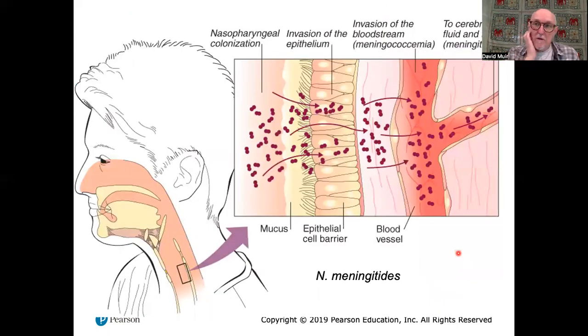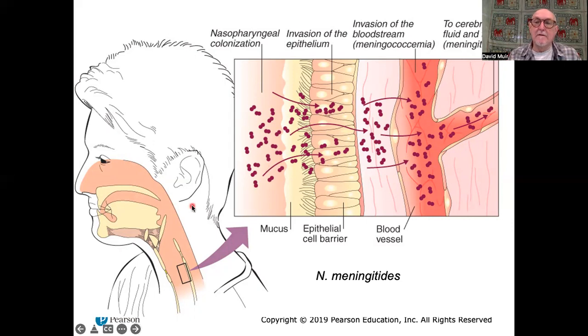So the other species to pay attention to is Neisseria meningitidis, the causative agent of meningococcal meningitis. Now, there are some mysteries around this situation because Neisseria meningitidis is commonly recorded as a part of the normal nasal flora of human beings.